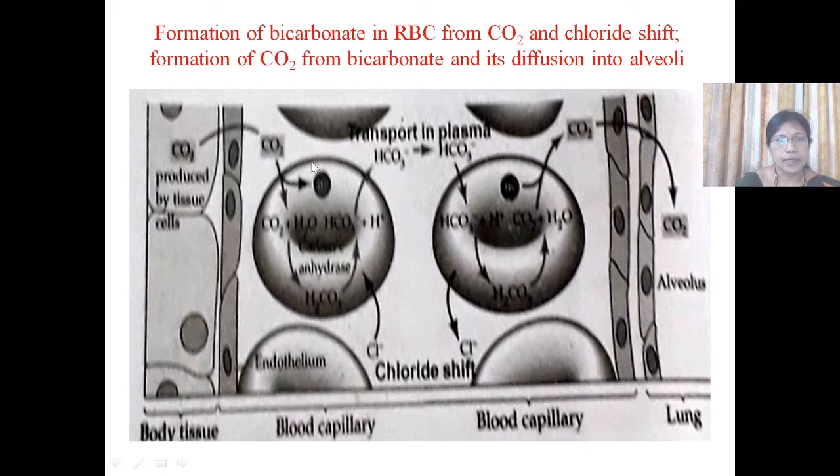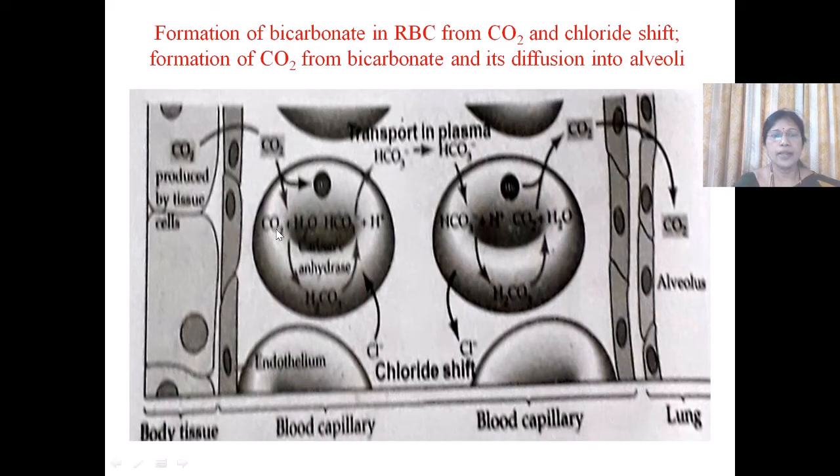The RBCs containing the carbon dioxide swell, and soon they appear reddish blue in color. So the RBCs in the venous blood are larger than the RBCs in the arterial blood.